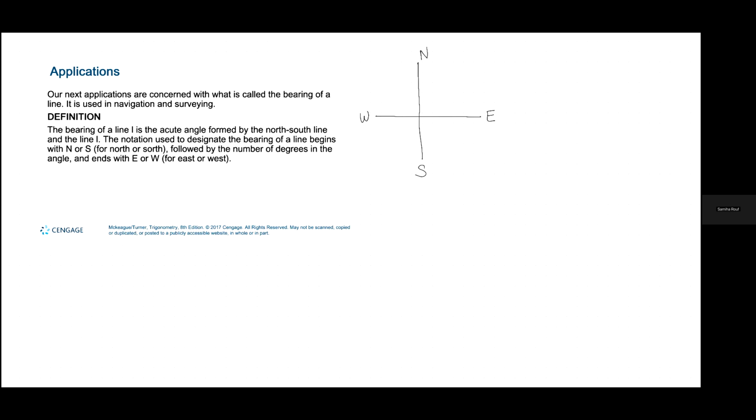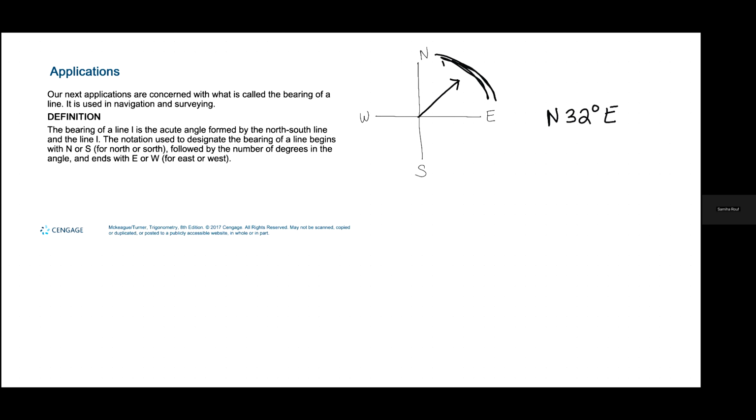And so each time, let's say they tell you that something is moving to a point with a bearing of north 32 degrees east. What that means is, okay, this is the northeast portion. So I need to make an angle of 32 degrees. This is the direction something is moving in.